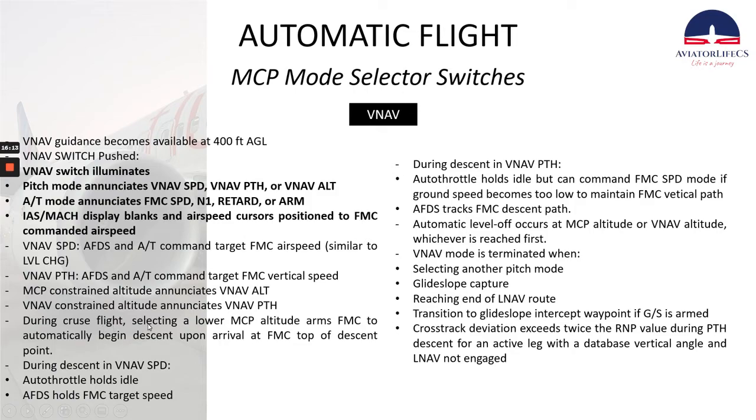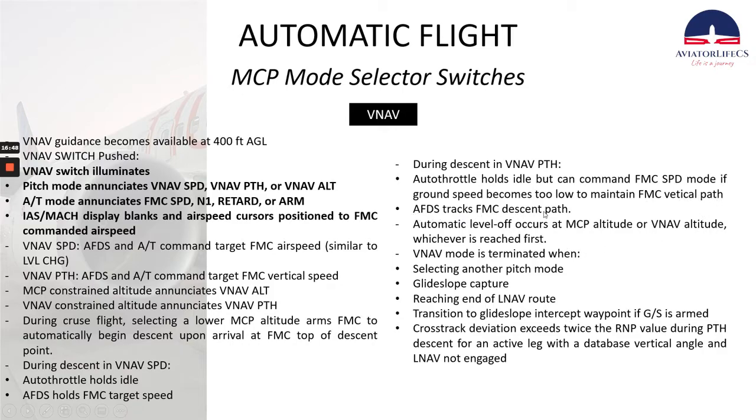During cruise flight, selecting a lower MCP altitude arms FMC to automatically begin descent upon arrival at FMC top of descent point. During descent, in VNAV speed, auto throttle holds idle, AFDS holds FMC target speed. And during descent in VNAV path, auto throttle holds idle but can command FMC speed mode if ground speed becomes too low to maintain FMC vertical path.